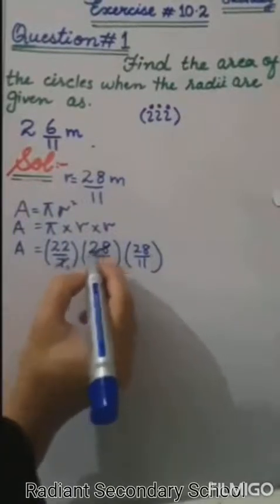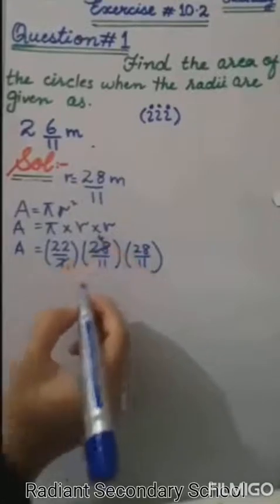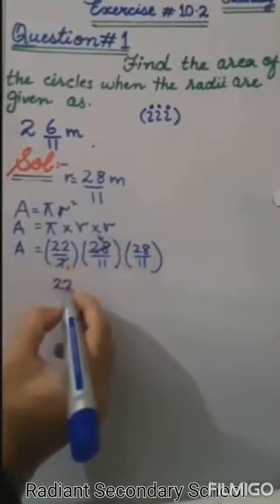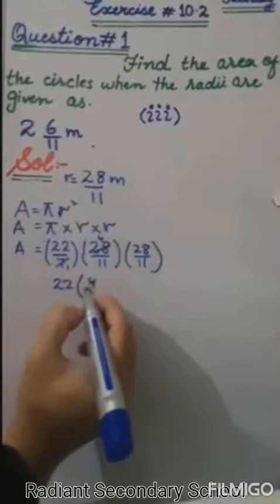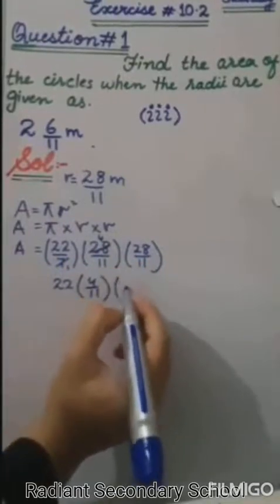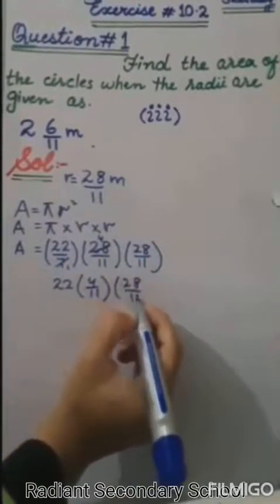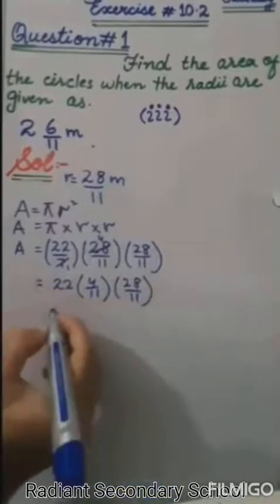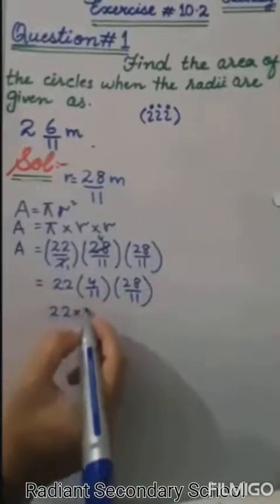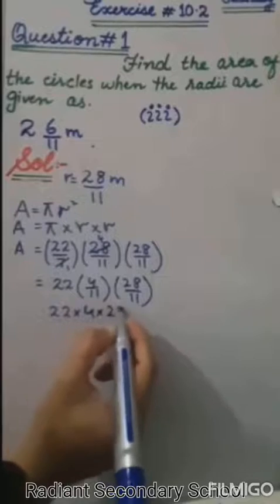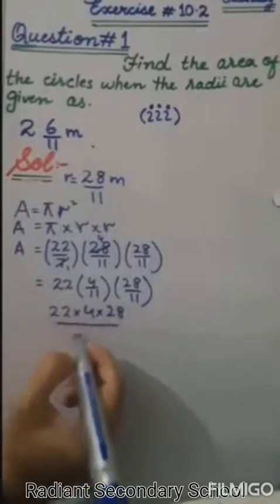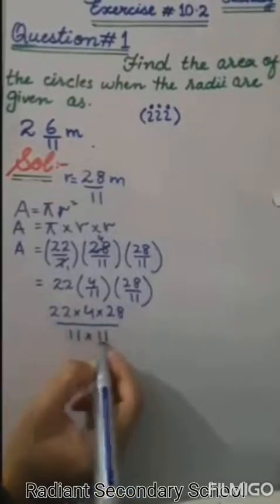After that you have to simplify it. 7 1s are 7, 7 4s are 28. Now remaining is 22 multiplied by 4/11 and 28/11. Now you can write 22 multiplied by 4 multiplied by 28 over 11 multiplied by 11.